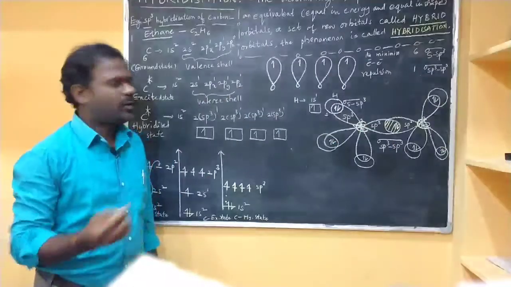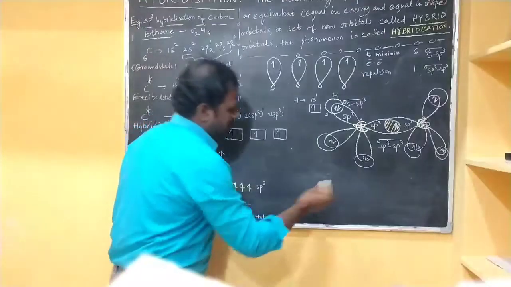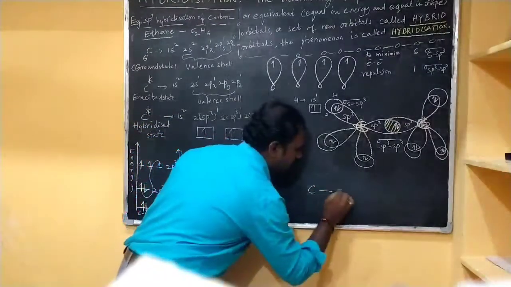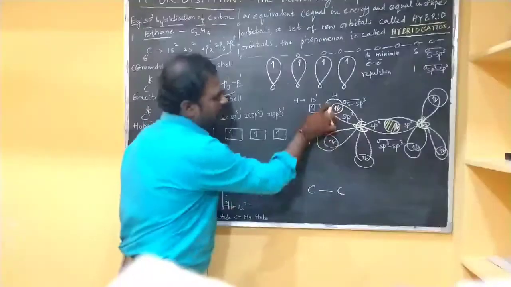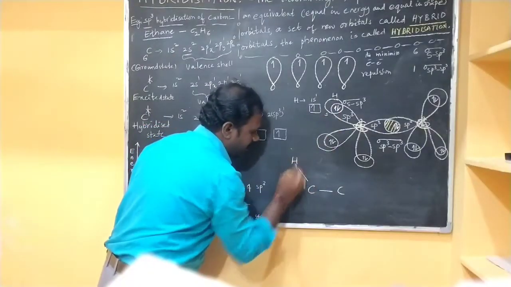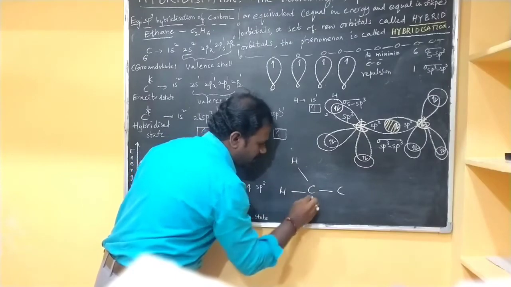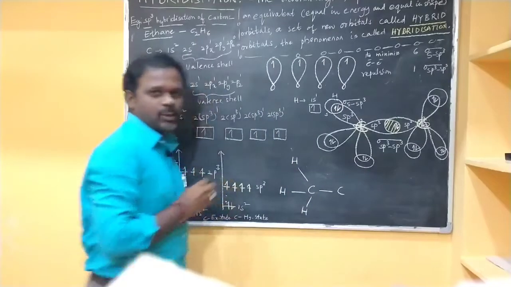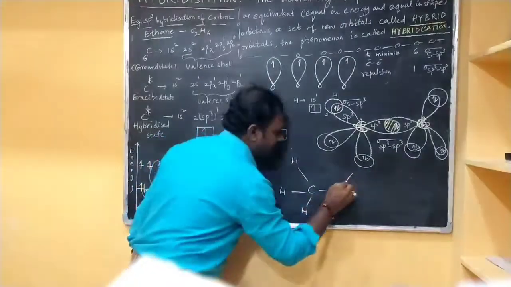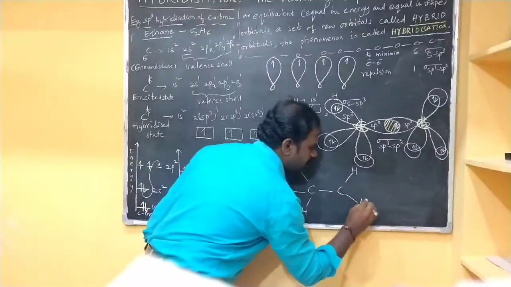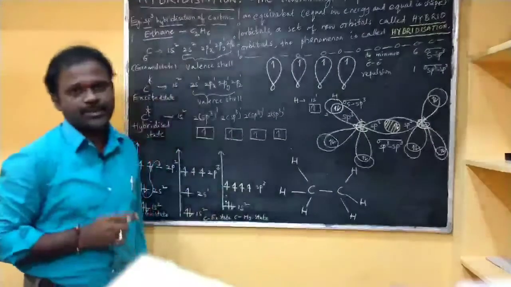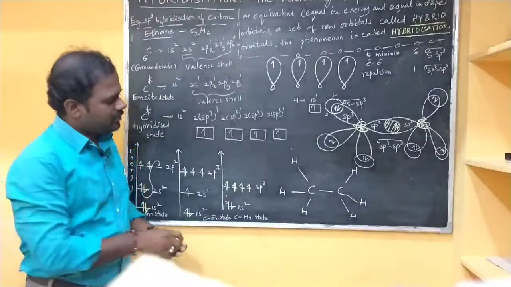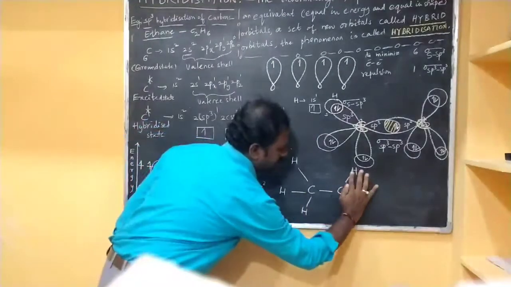We can write it like this: carbon bond carbon, and here carbon bond hydrogen, carbon bond hydrogen, carbon bond hydrogen, and on the other carbon likewise. It looks like a tetrahedron.